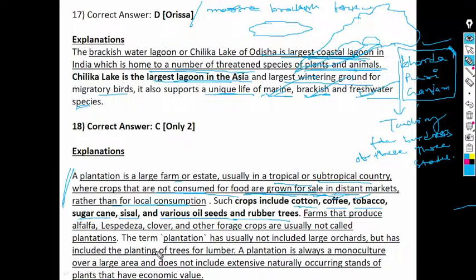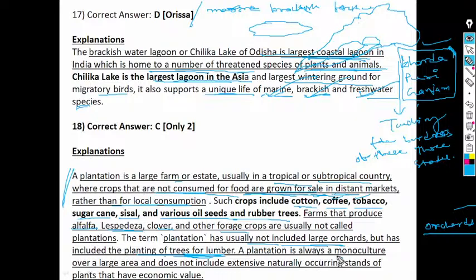Farms that produce alfalfa, clover and other forage crops are usually not called plantations. The term plantation usually does not include large orchards, but it does include the planting of trees for lumber.